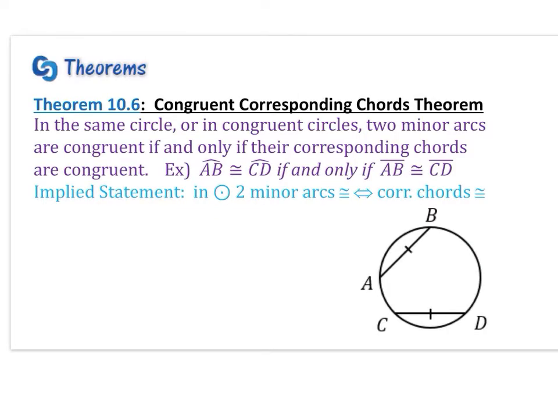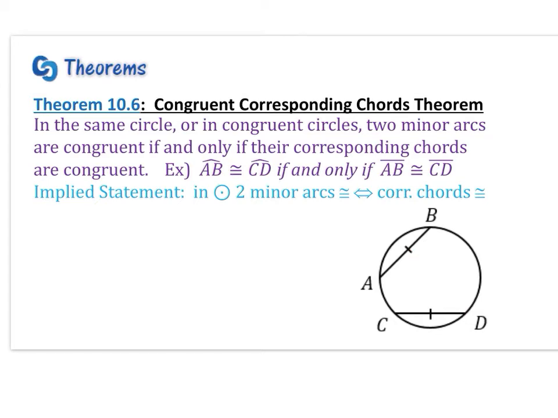All right, so let's get familiar with our first theorem. It's our congruent corresponding chords theorem. In the same circle, or in congruent circles, two minor arcs are congruent if and only if their corresponding chords are congruent. For example, we have segment AB, a chord, congruent to chord CD, and we know that by the marks.